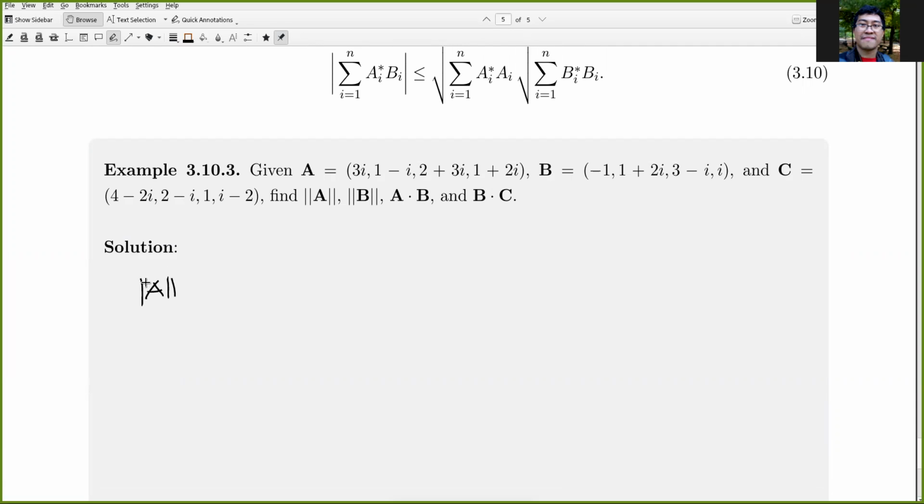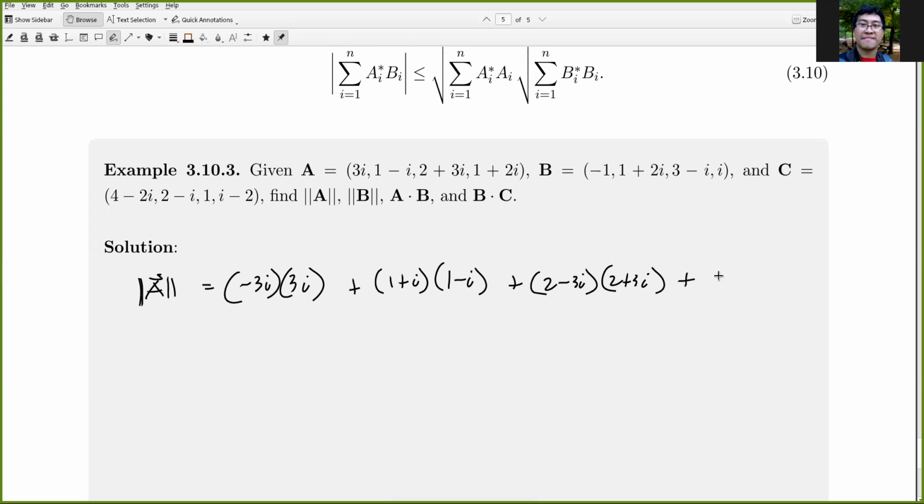For the norm of A, that would be complex conjugate, so minus 3i times 3i plus 1 plus i, 1 minus i, 2 plus 3i, or 2 minus 2 plus 3i, plus 1 minus 2i, 1 plus 2i, take the square root.